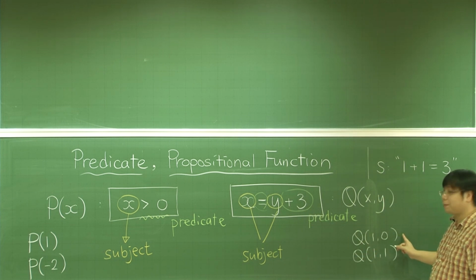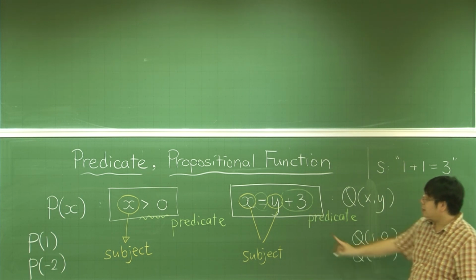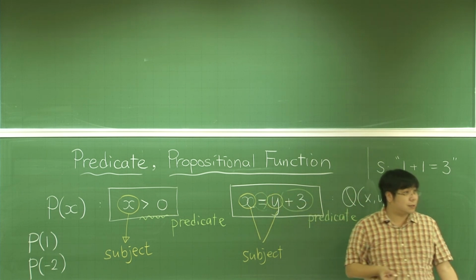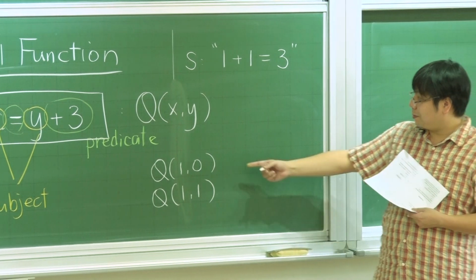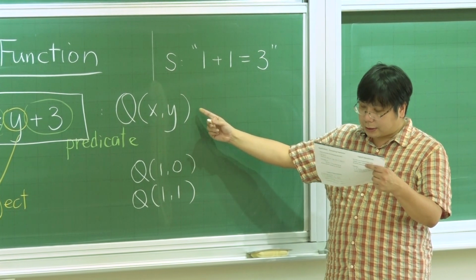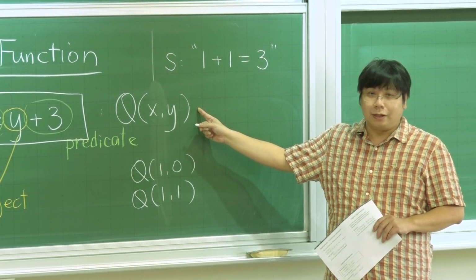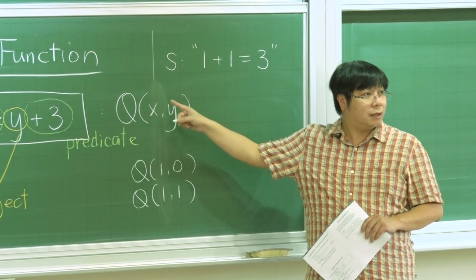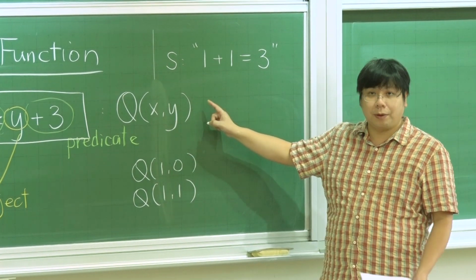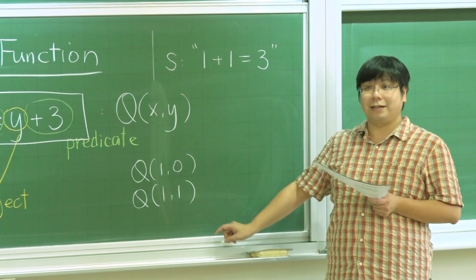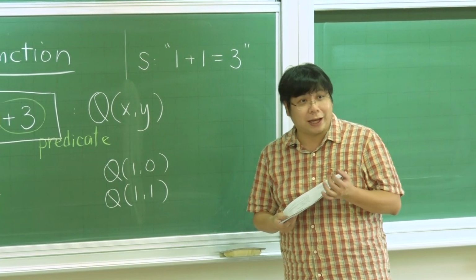Okay, so this is what is meant by q10. And similarly, q11 says 1 is equal to 1 plus 3. Is that okay? That's it. So qxy is a function. Whenever you tell me the value of x, the value of y, I will give you a proposition. So this is another propositional function. Okay, that's it. So this is the first concept that I hope you can get from today.